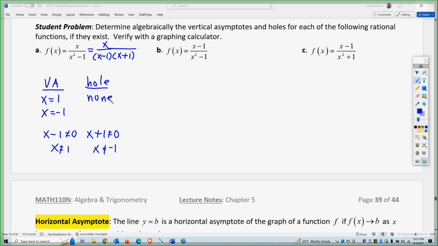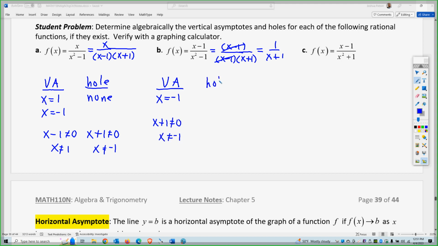So here I get x minus 1 over x minus 1, x plus 1 when I factor it, so I'm left with 1 over x plus 1. Now, since something was taken out, I have a hole. So for vertical asymptotes, I have x is equal to negative 1 because x plus 1 cannot equal 0. So x cannot equal negative 1.